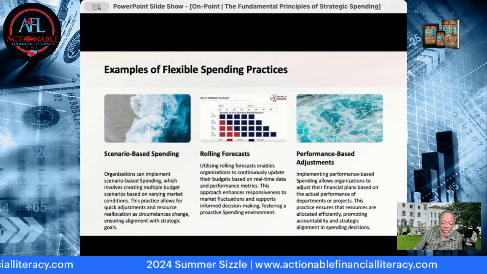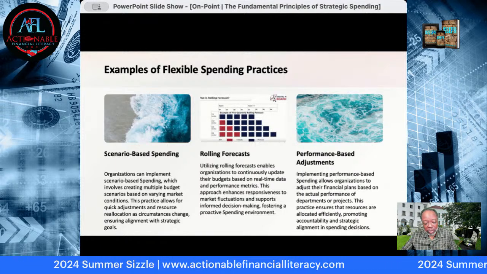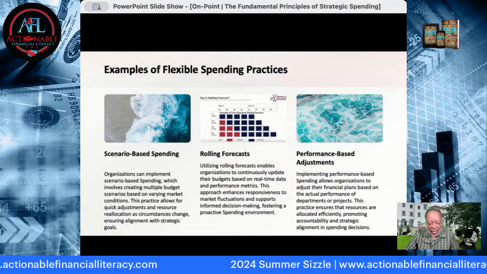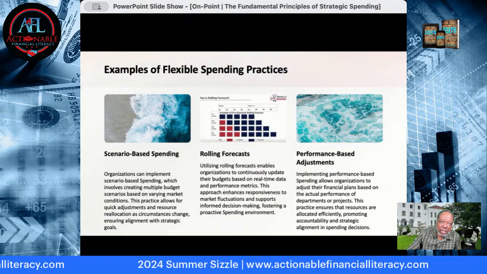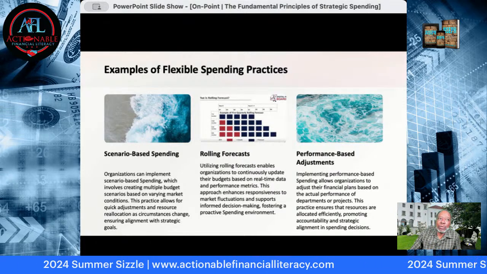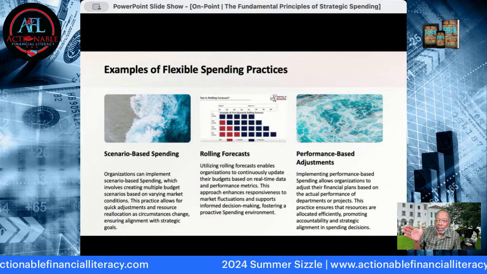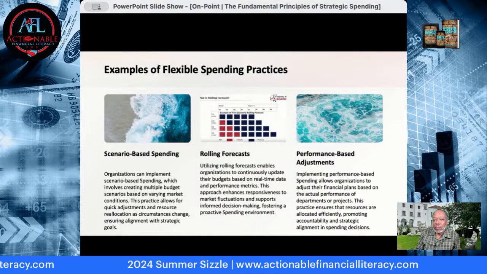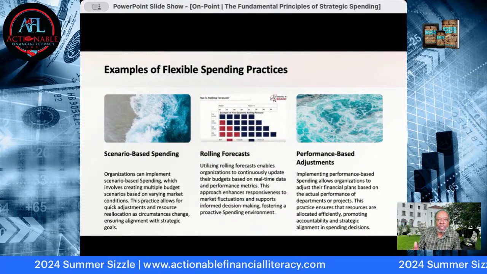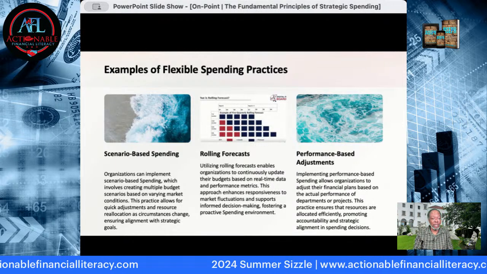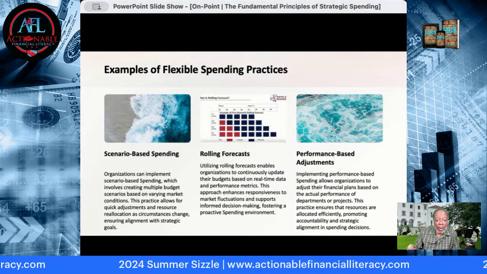Now, performance-based adjustments. Those are looking at resources that have a strategic alignment in a certain spending direction. So I'm looking at spending in a technology direction for my business. Technology helps me do what I'm doing right here, having a podcast for my business.